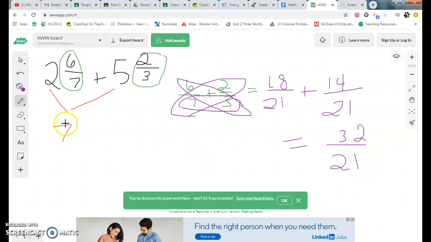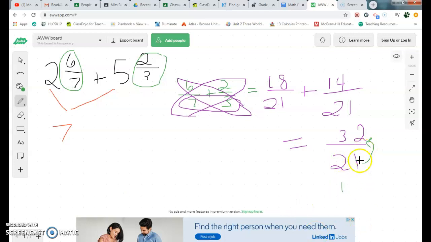I know that 21 can go into 32 one whole time, and there is going to be 11 left over. From 21 up to 32, that's a difference of 11. So I'm going to have 1 and 11 21sts. Okay? Now 11 21sts is in its smallest form. I cannot reduce that anymore.